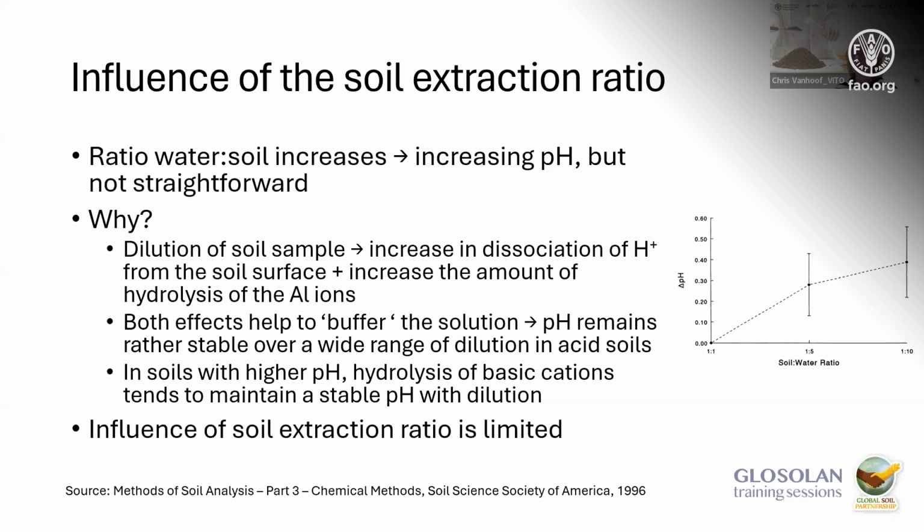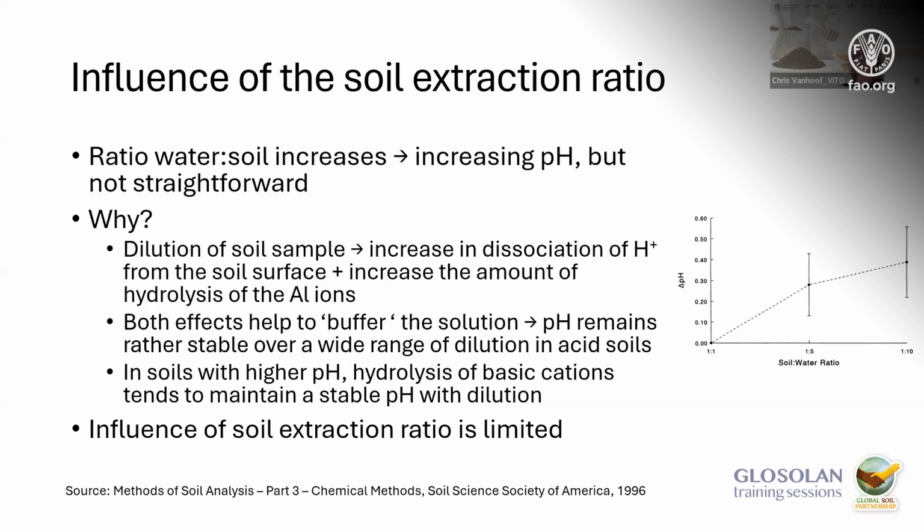What about the extraction ratio? If the ratio between the water and the soil increases, then you get an increase in the pH, but it's not linear, because there are other effects that take place.